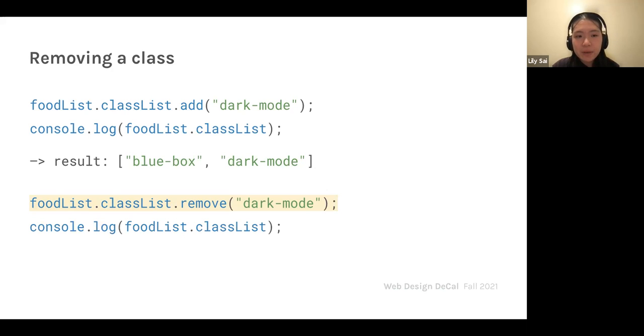And then if we print out that list, it'll just have blue box, which is what we started with originally. So we can add the dark mode class, and then we can turn dark mode on for our website, given that we have the CSS for it. And when we remove the dark mode class, that CSS won't be applied anymore. And that's how you can create a dark mode, light mode toggler.